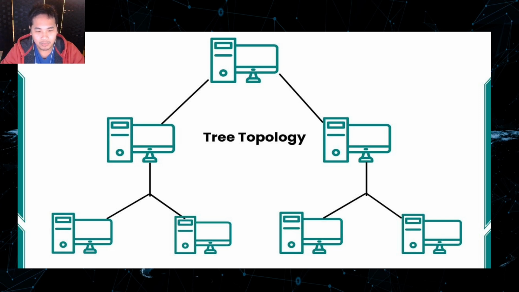This is scalable. You can add branches as the network grows. It's easy to manage. Each branch can be managed separately, but the root switch is critical. If it fails, large segments collapse. Tree topology is common in campus networks, large enterprise local area networks, where you need organized hierarchical expansion.